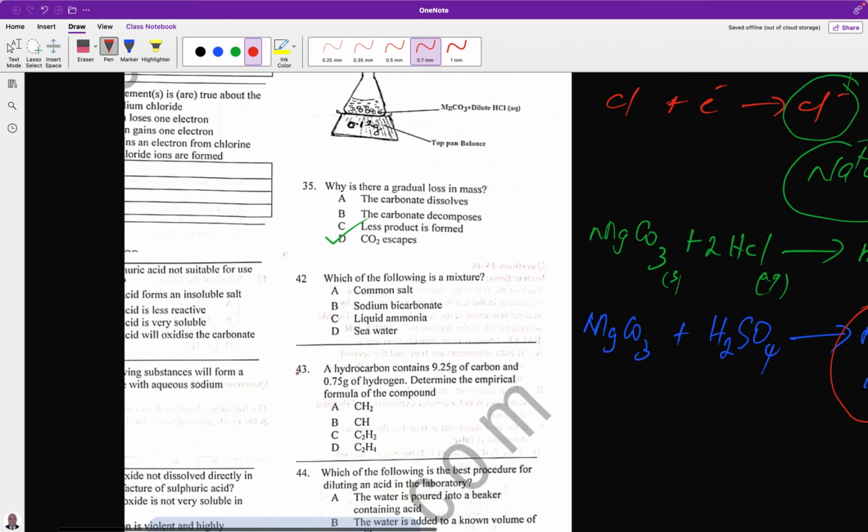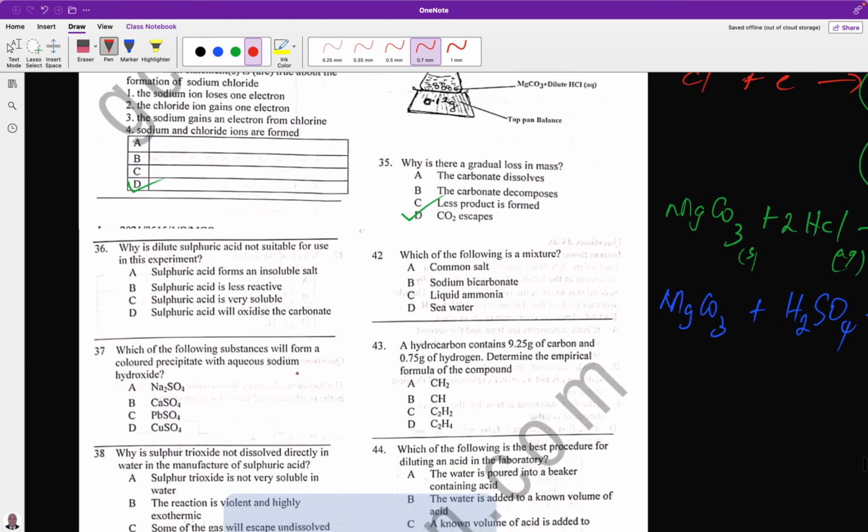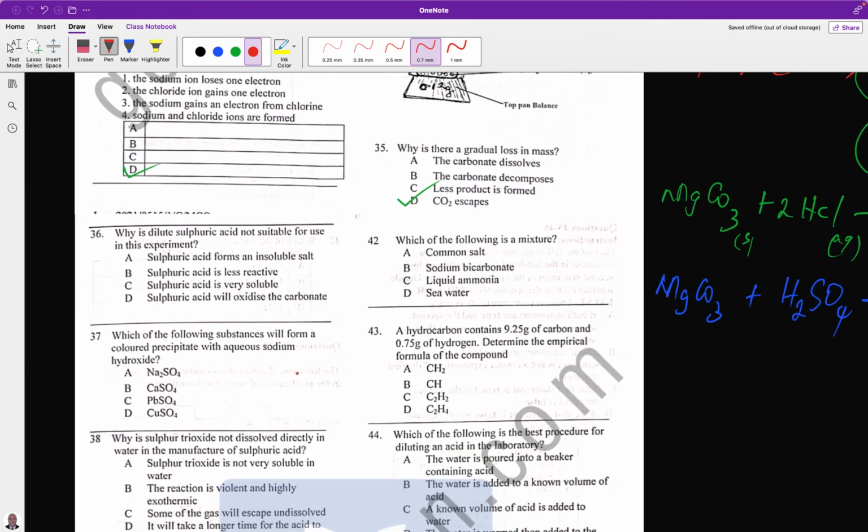Let's go to our answer column. Question number 36. Why is sulfuric acid not suitable for use in this? A. Sulfuric acid forms an insoluble salt. Simple. Sulfuric acid will form an insoluble salt, and the insoluble salt is magnesium sulfate.